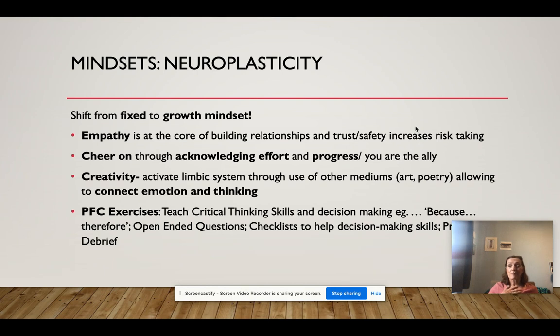Right? But that's not going to happen unless there's empathy. And our role, no matter who you are in the school system, is to cheer on effort. You're going to acknowledge any effort that you see. And of course, you're going to acknowledge any progress too.